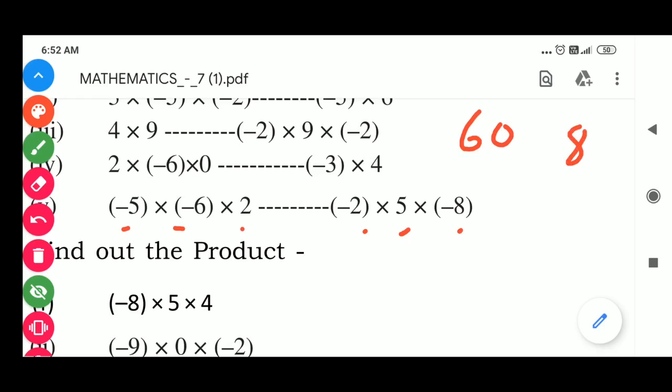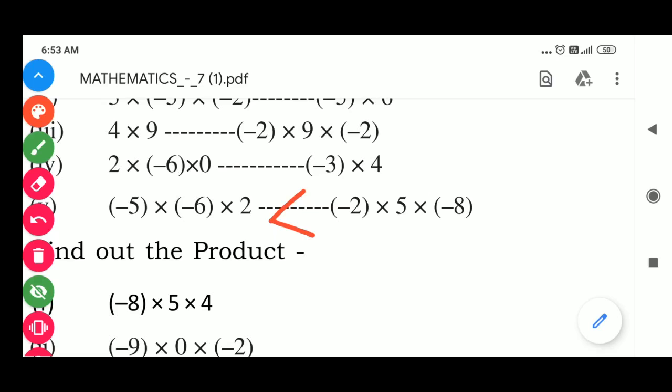This one is 80. As you know, 80 is greater, so we can put here the less than sign. So in the last fill up we put the less than sign. So your first fill up is completed.